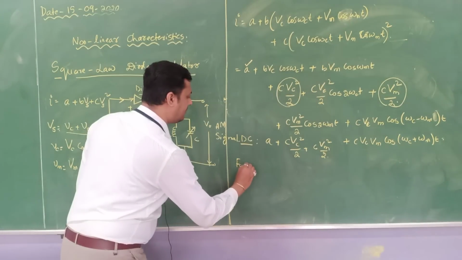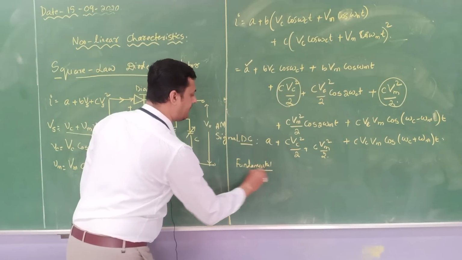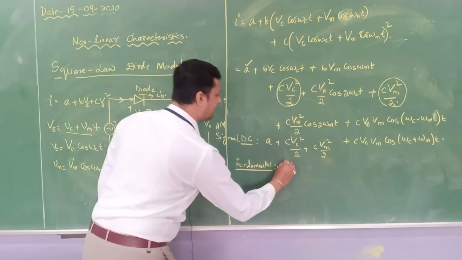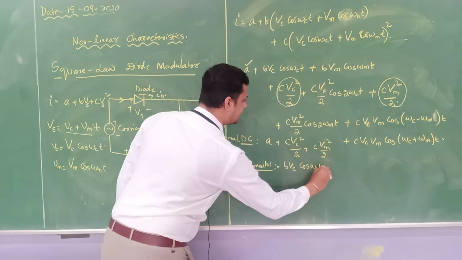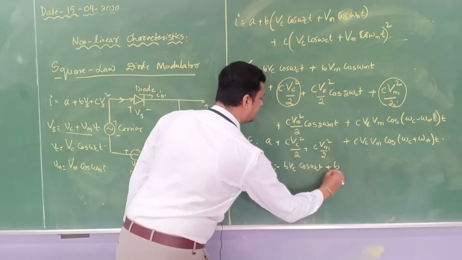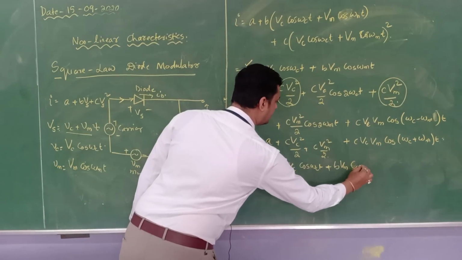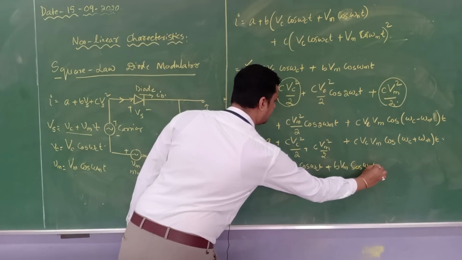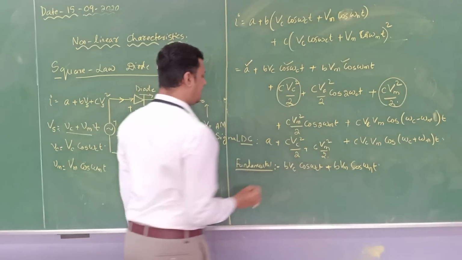What are the fundamental frequencies available? Fundamental frequencies available are B Vc cos omega Ct plus B Vm cos omega mt. So these are the fundamental frequencies.